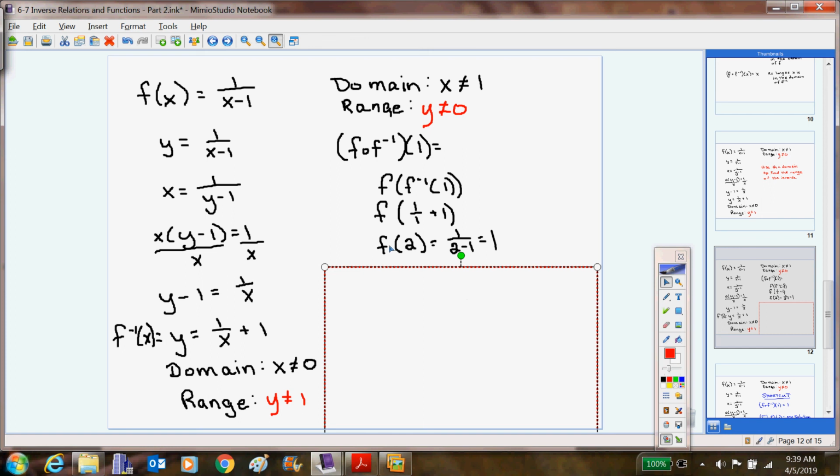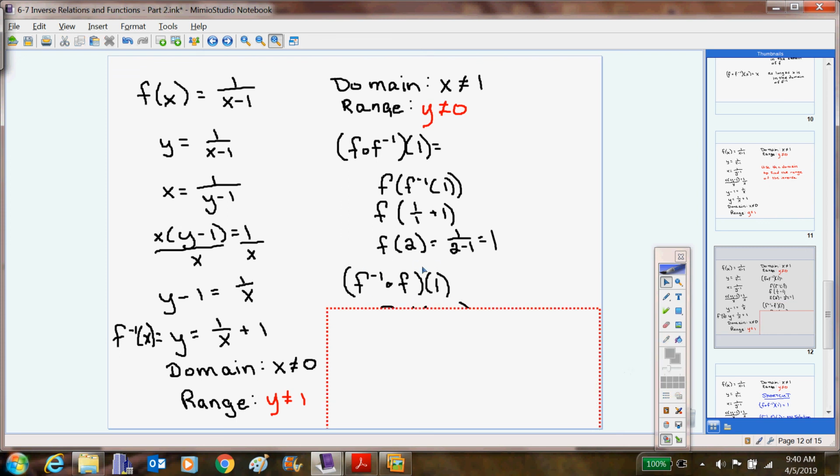You can avoid all this work if you just know the simple rule that f of f inverse of 1 equals 1. 1 is allowed to work because the only restriction in the domain of f inverse is that it can't be 0. So without doing any work, you could just skip all this and go right to f of f inverse of 1 equals 1.